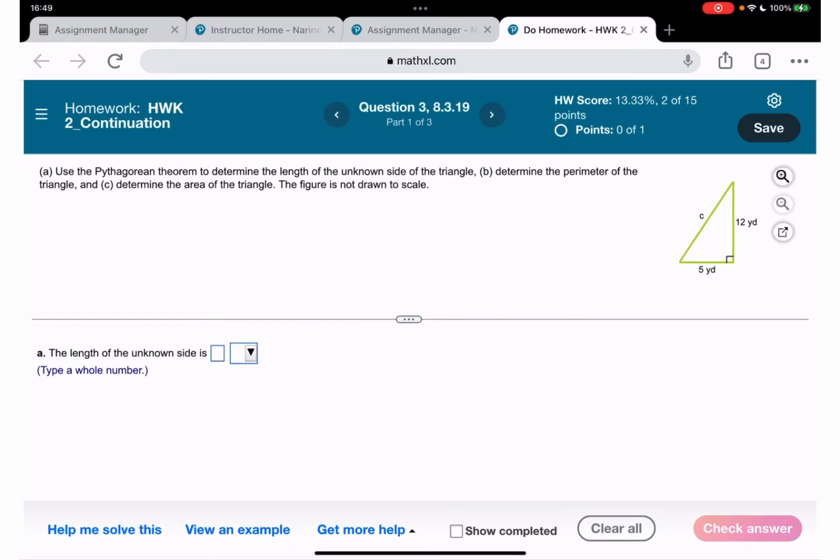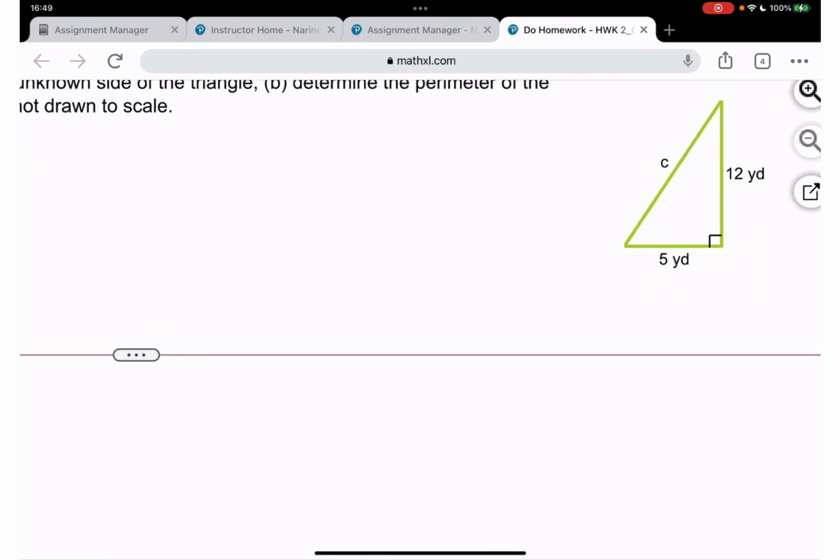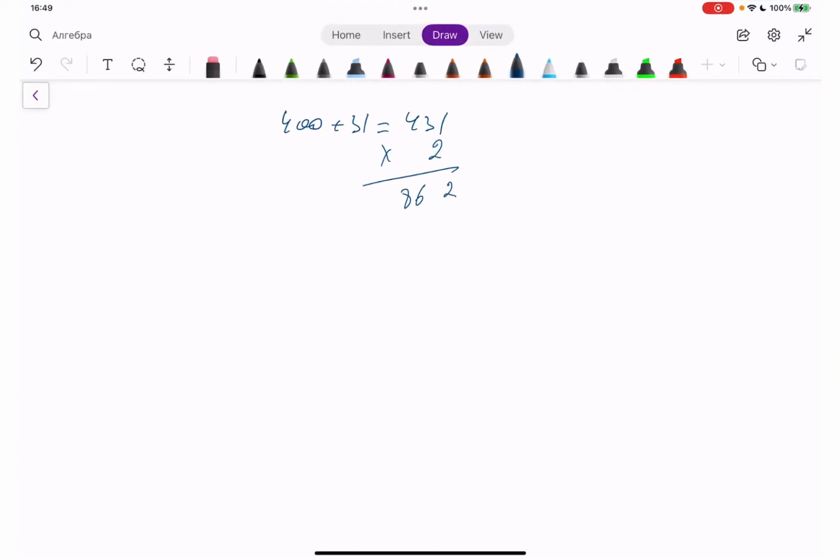Question number 3. So what is the length of the unknown side? All right, what do we have? 5 yards, 12 yards. Let's solve it. What is interesting here? We have a right triangle. And at this point, we are going to use the Pythagorean theorem. Since this is the hypotenuse, here we have leg 1 and leg 2.